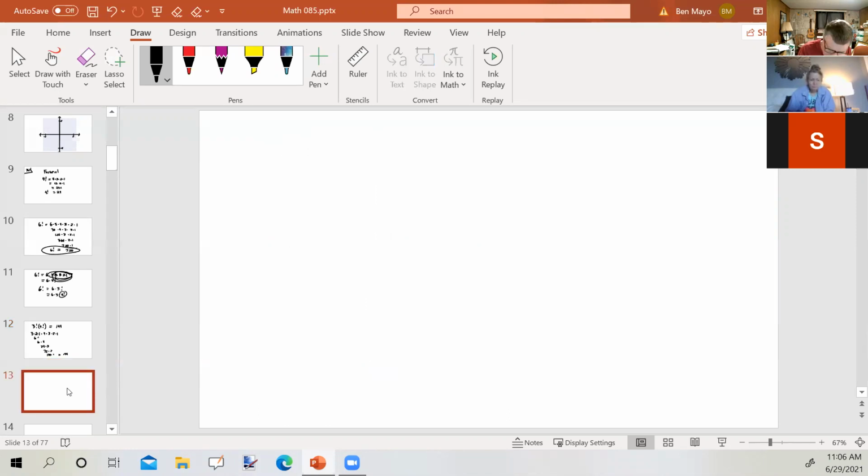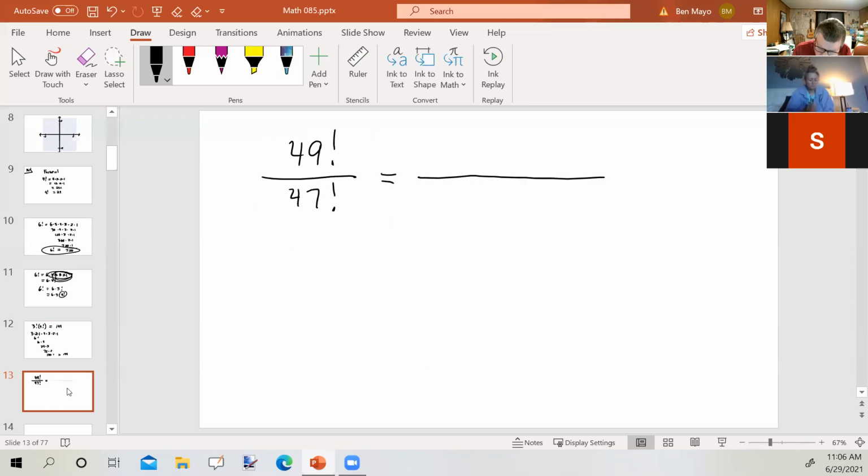Okay. What if you had 49 factorial over 47 factorial? This seems like it would be a horrible problem to write 49 times 48 times 47 times 46, on and on and on, all over 47 times 46 times 45. But consider this. 49 factorial would be 49 times 48 times 47 factorial, right?